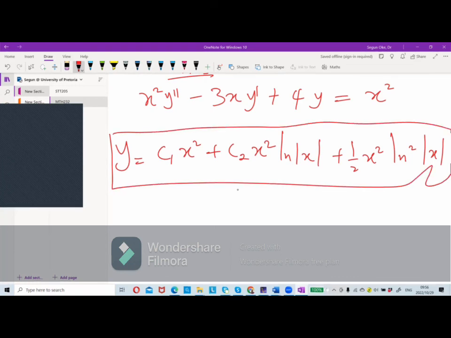So this is what you will have. That should tell you where you will get your ln x. You get your ln x when you have repeated roots, as opposed to distinct roots, which is what you get when you do your quadratic equation. So it contains ln x.